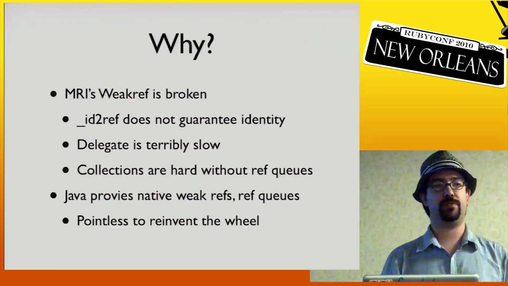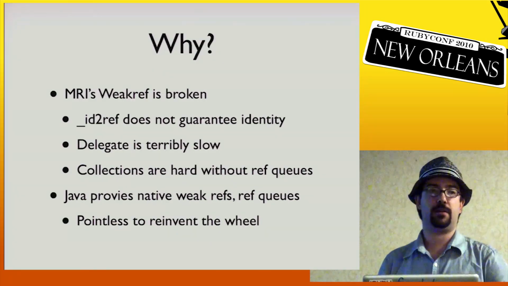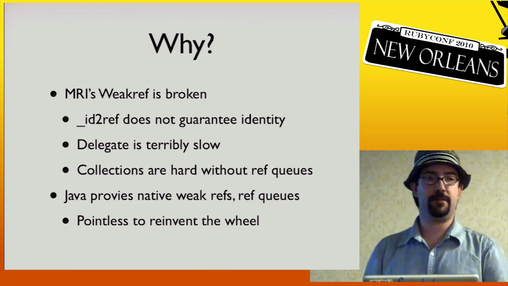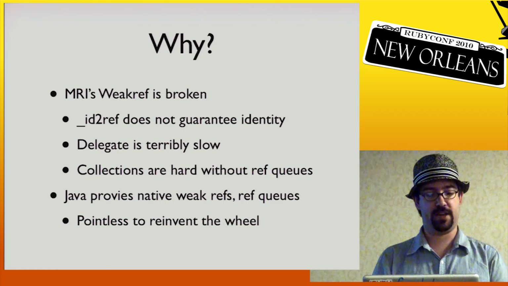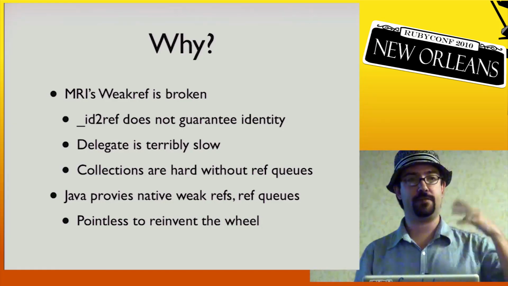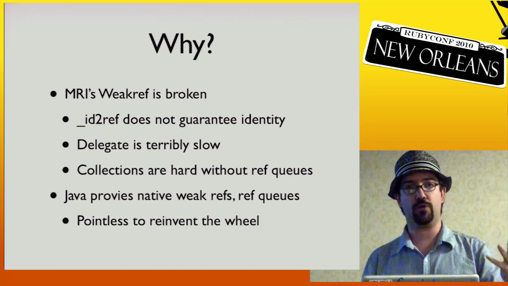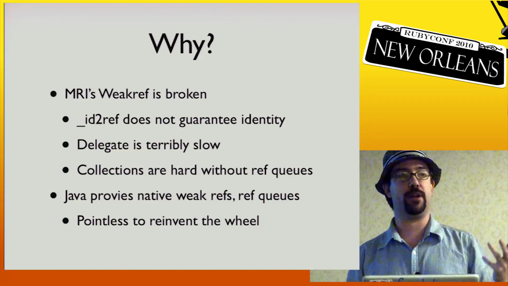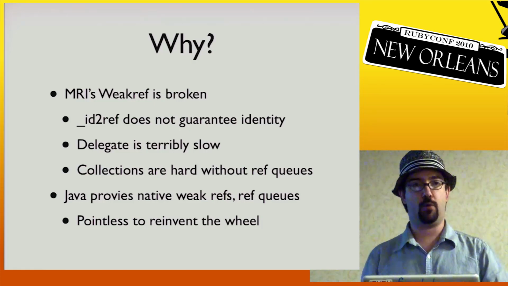So now, why did I do this? Well, first of all, we had this issue with ID to ref. ID to ref is an internal function in ObjectSpace that has turned into an external API a lot of people use. ID to ref basically takes the object ID and gives you the object reference that goes along with that. Unfortunately, it is entirely broken for weak ref implementations because that ID is essentially just a pointer location.